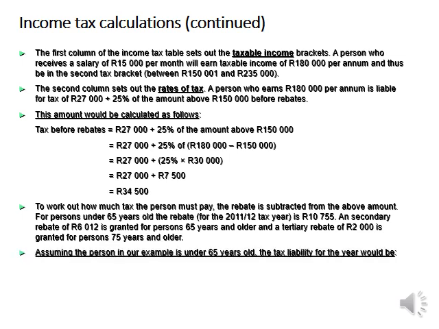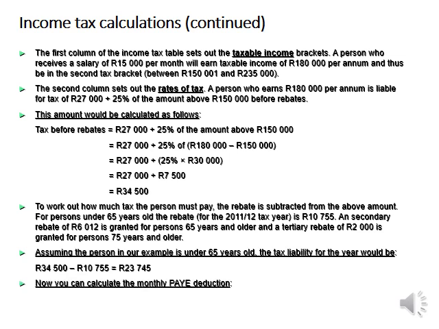So assuming the person in our example is under 65 years old, the tax liability for the year will be 34,500 minus the 10,755, and that is then 23,745. Now you can calculate the monthly pay as you earn deduction by taking that amount and dividing it by 12, and that gives us the pay as you earn per month.